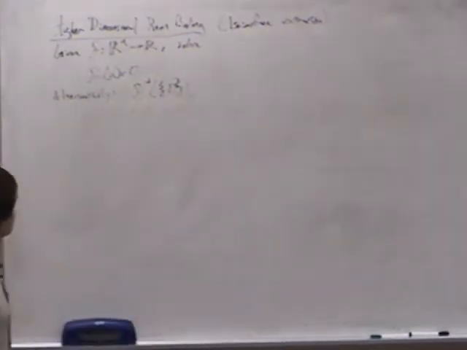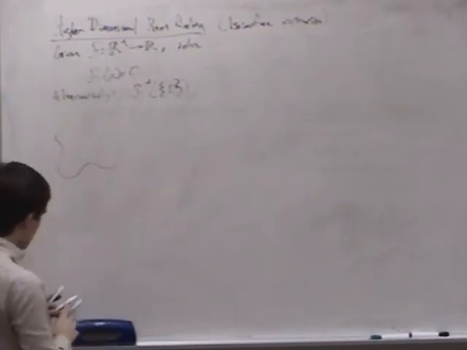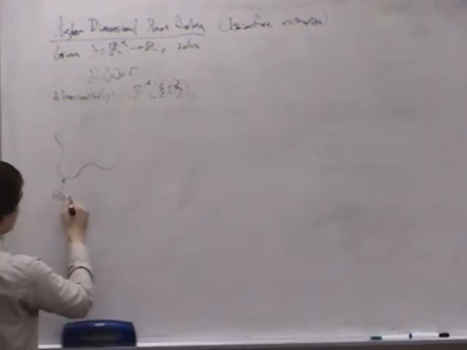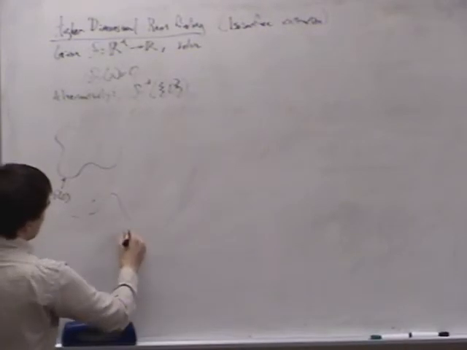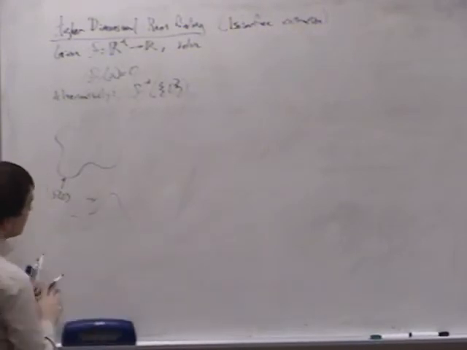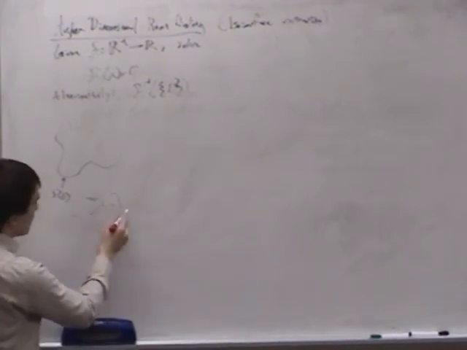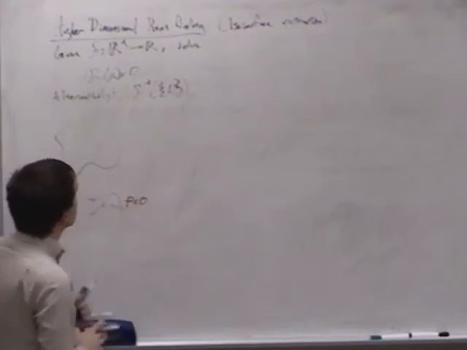To draw a picture of this, imagine I have some weird function with different hills and valleys. Maybe draw a side view of it. Or imagine I have a plane like this, then maybe this ring here would be f = 0.